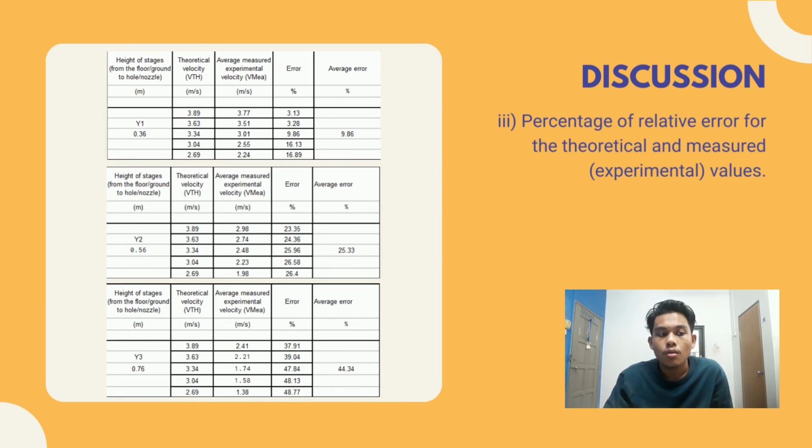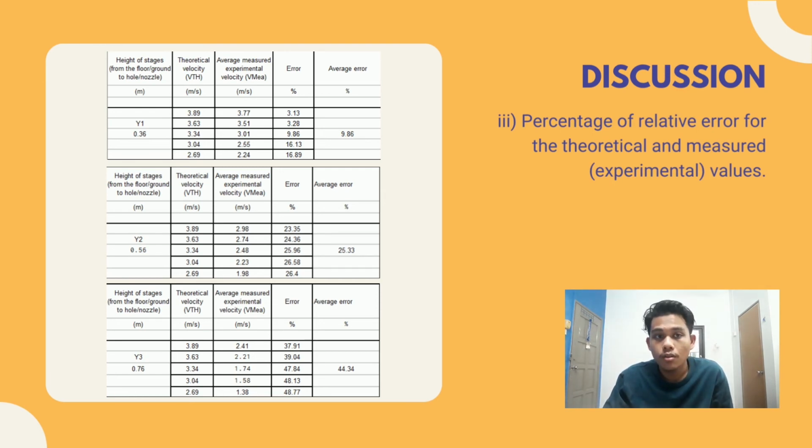For the second y, which is 0.56 meter, we use the same technique: the theoretical velocity minus the average measured experimental velocity, and then divided by the theoretical velocity, and to find the error we need to times 100%. To find the average error we sum all of the 5 readings and then divide it by 5.